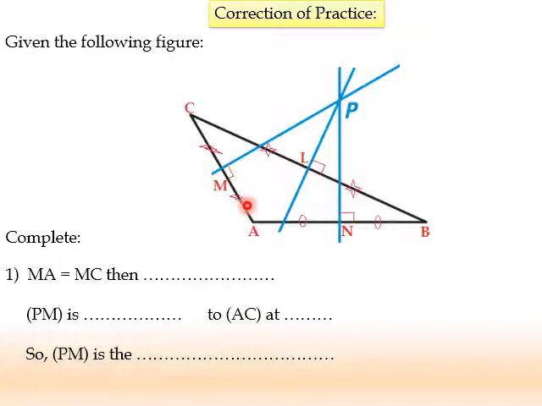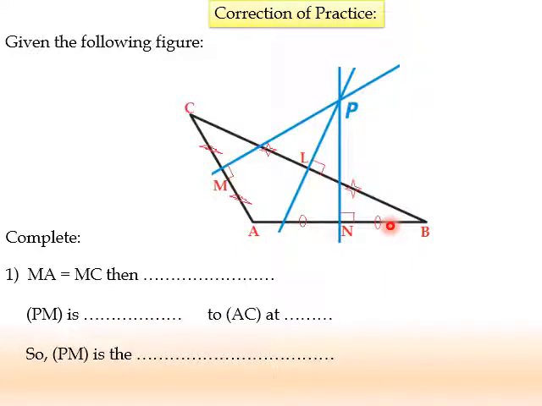If I look well at the given, here I have AN equal to NB. So N is the midpoint of AB, and this line is perpendicular to AB at its midpoint. So this one is the perpendicular bisector of AB.